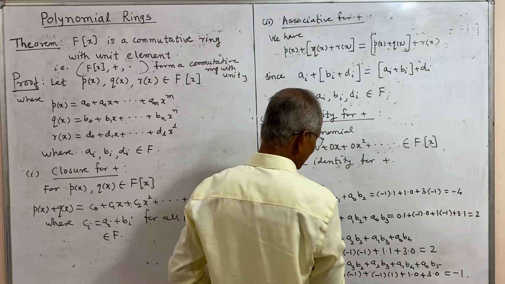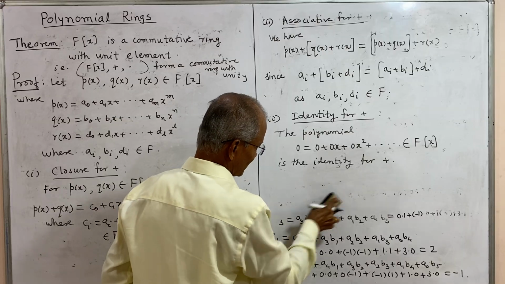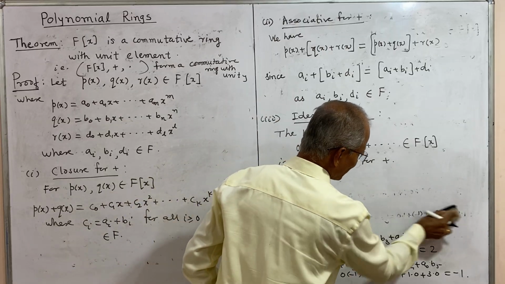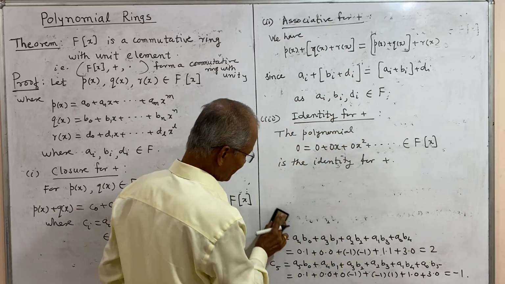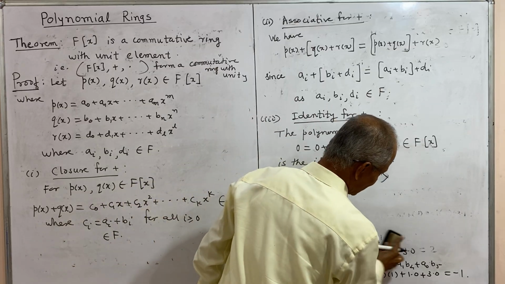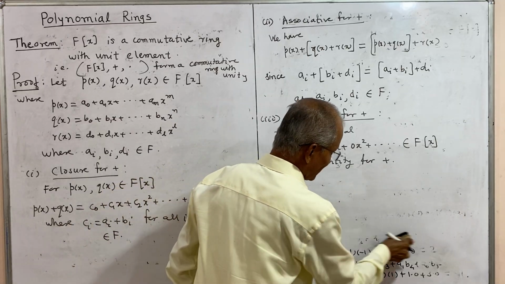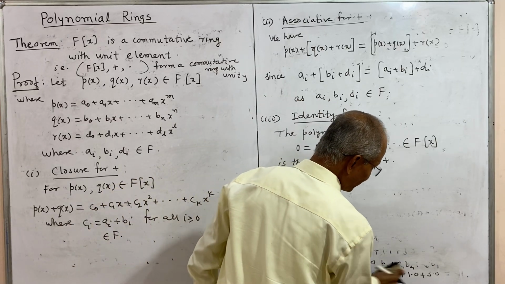Now additive inverse. The next property, we are verifying one by one the properties for a ring, and then we shall verify it is also commutative and having unit element. Now what about the additive inverse?